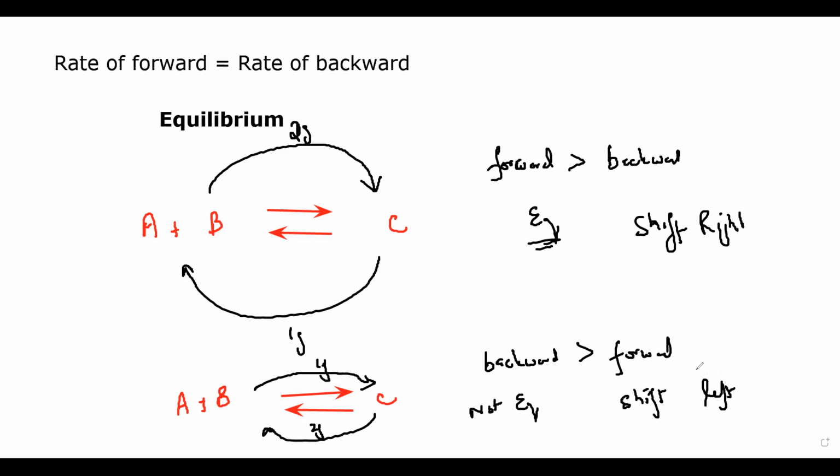left hand side. There are different factors which can change the position of equilibrium, which can affect the position of equilibrium. So what are the factors which can alter or have an effect on the equilibrium?